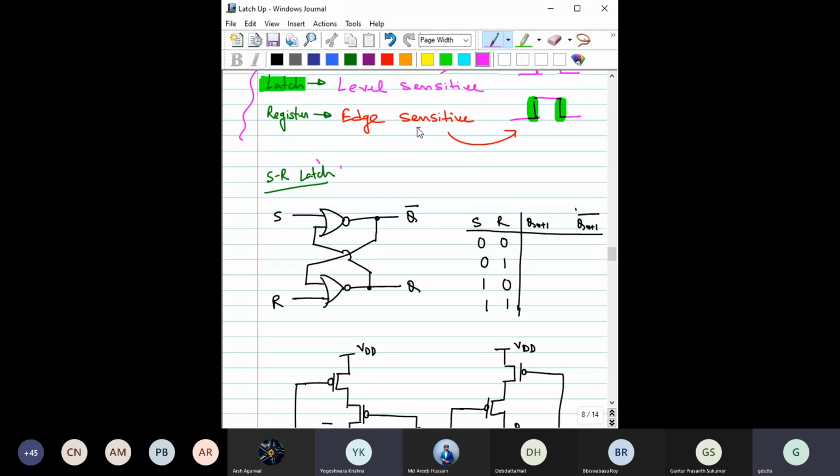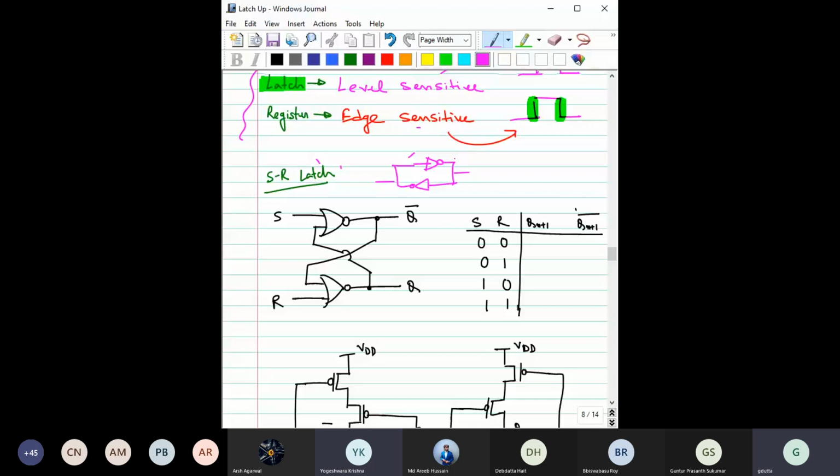Then the basic memory, the SR latch. So far we have seen that these two inverters connected like this also act as a memory. This can store 1 bit.